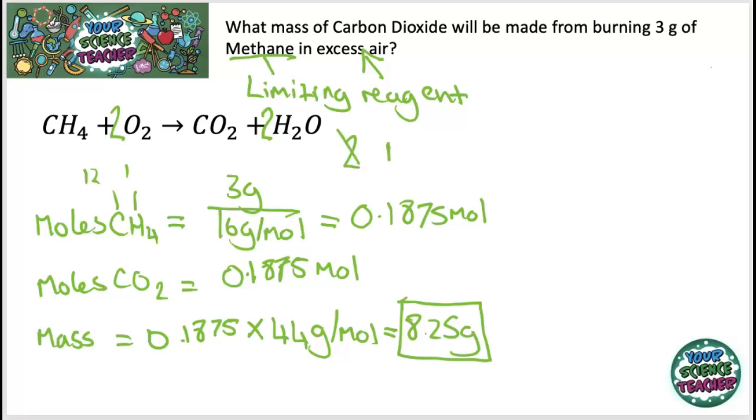So you could work out the mass of H2O by doing 0.375 times by the RFM of water, which is 16 plus 2, which is 18. And that would give me an answer of 6.75 grams.